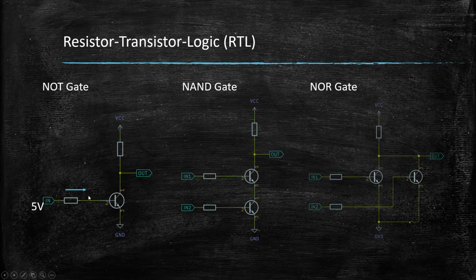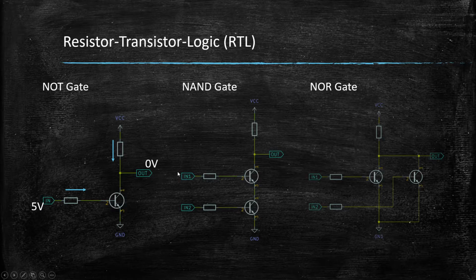So usually it's double what is needed, and then it'll just work. Load current will flow. All of our operating voltage will drop over our load resistor here, and we have 0 volt on the output. So logic high in, logic low out.